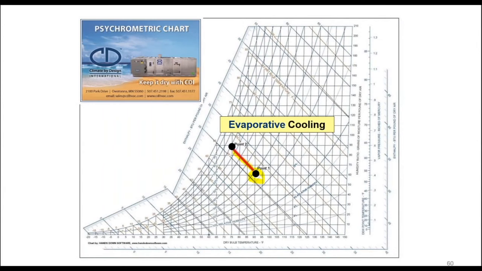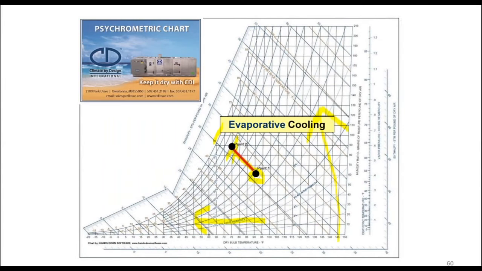It will reduce the temperature, moving to the left. It will increase the moisture in the air, moving up, along the enthalpy line. And in the case of an evaporative cooler, it's going to move it as a percentage of the efficiency of the evaporative cooler. So this one, not coming all the way to the point of saturation. It looks to me like it's about a 75% efficient evaporative cooler that we're demonstrating in this example.